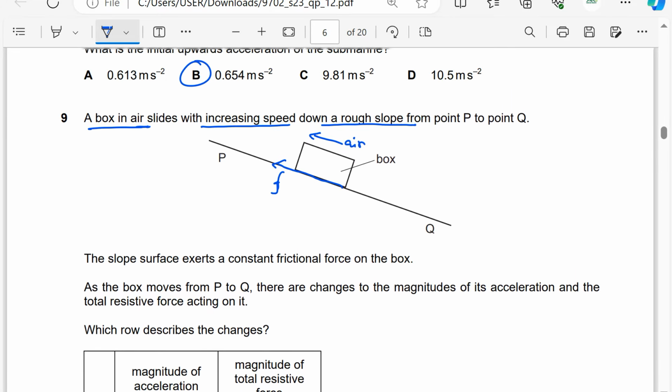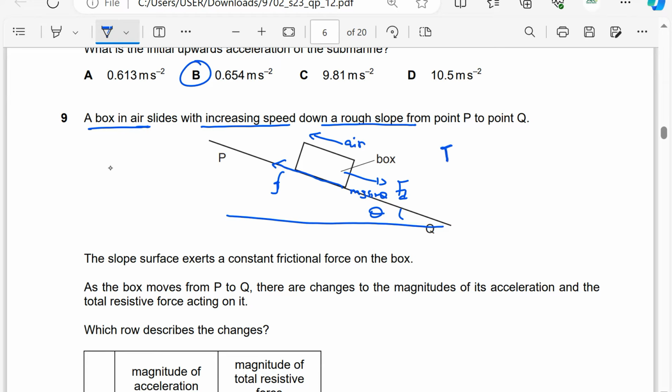Let's say there is a force which acts downwards, and I'll call this the forward force FD. If there is nothing else acting, it is going to be due to gravity, which, if I know the angle of the slope as theta, would be mg sine theta, but I don't need that for now.